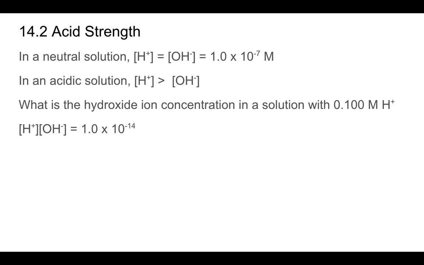So our relationship Kw, H plus times OH minus equals 1 times 10 to the minus 14. If the H plus is 1/10 of a mole per liter, so you've got some 0.1 molar, say, strong acid, then 0.1 times OH minus will be 1 times 10 to the minus 14. Divide both sides by 0.1.